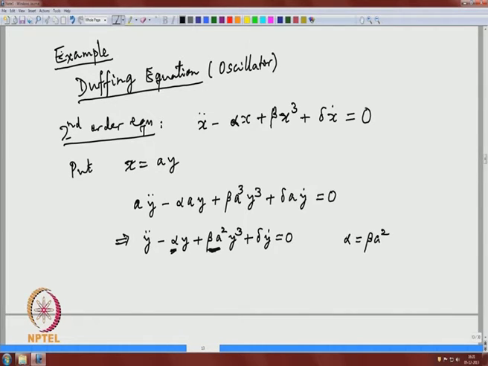and this I can do since a square is always positive, this I can do only if alpha and beta have the same sign. So, if alpha beta is positive, and if alpha beta is negative, what I do is I take alpha, okay.